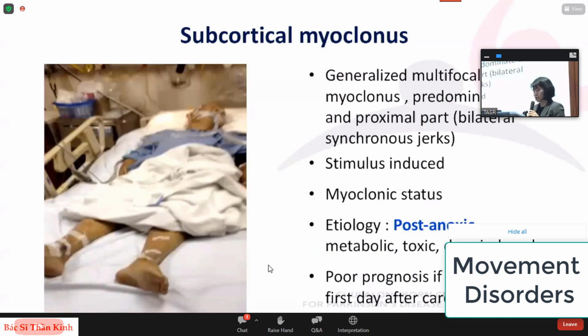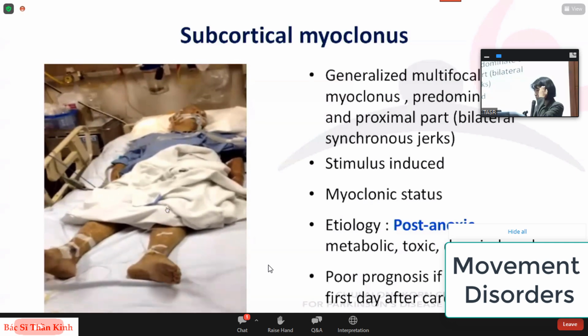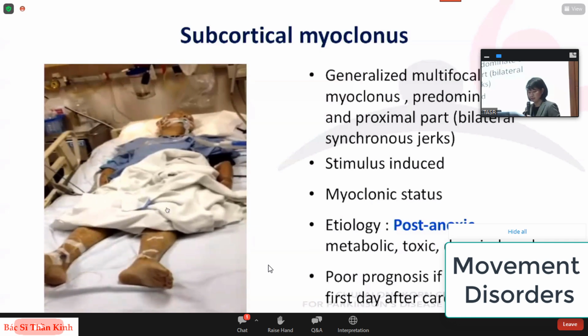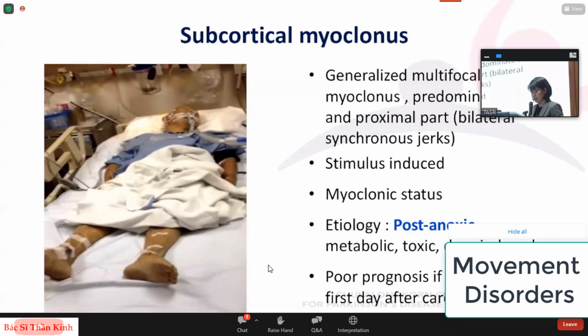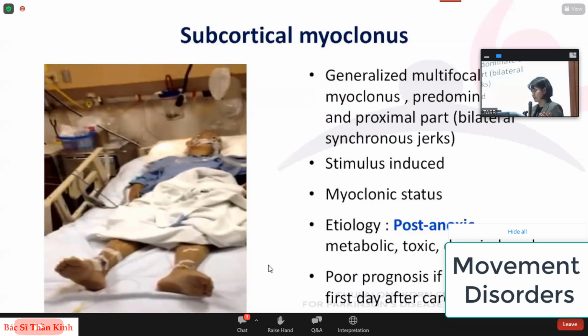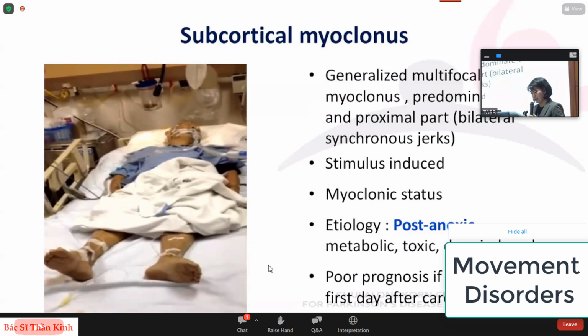And for subcortical myoclonus, the distribution goes to your axial body. In this patient, it's quite common for a consultation from the medical department, after he has a cardiac arrest and then you resuscitate him.